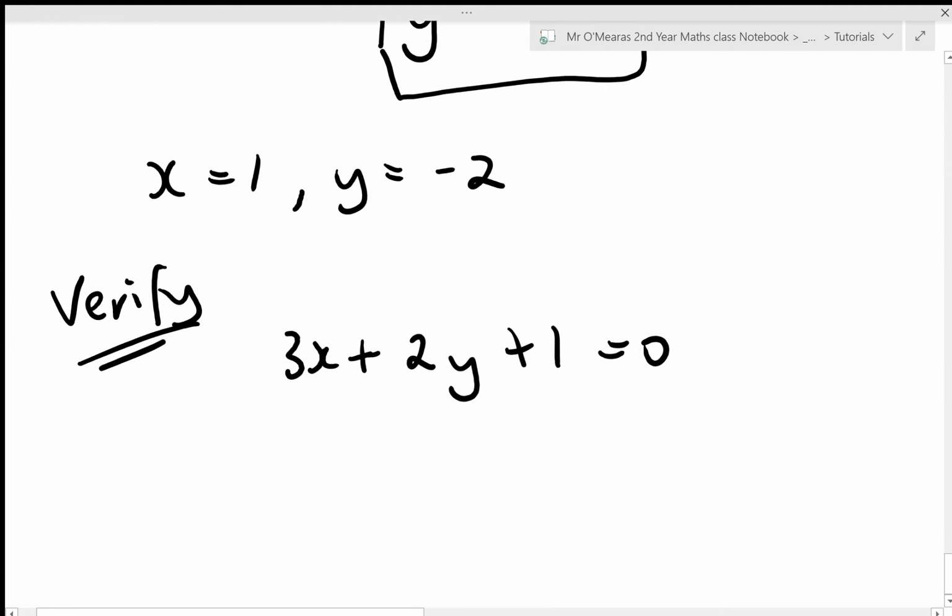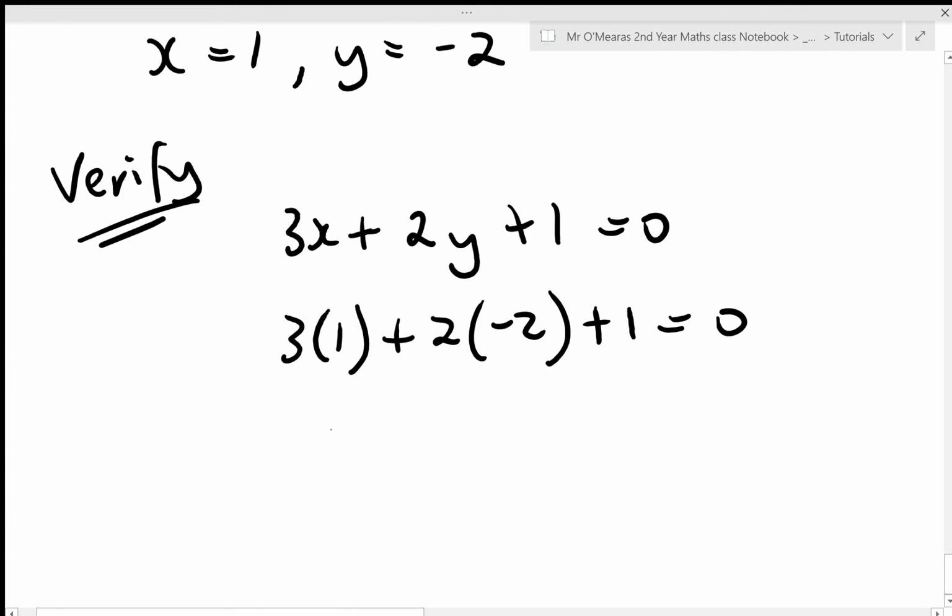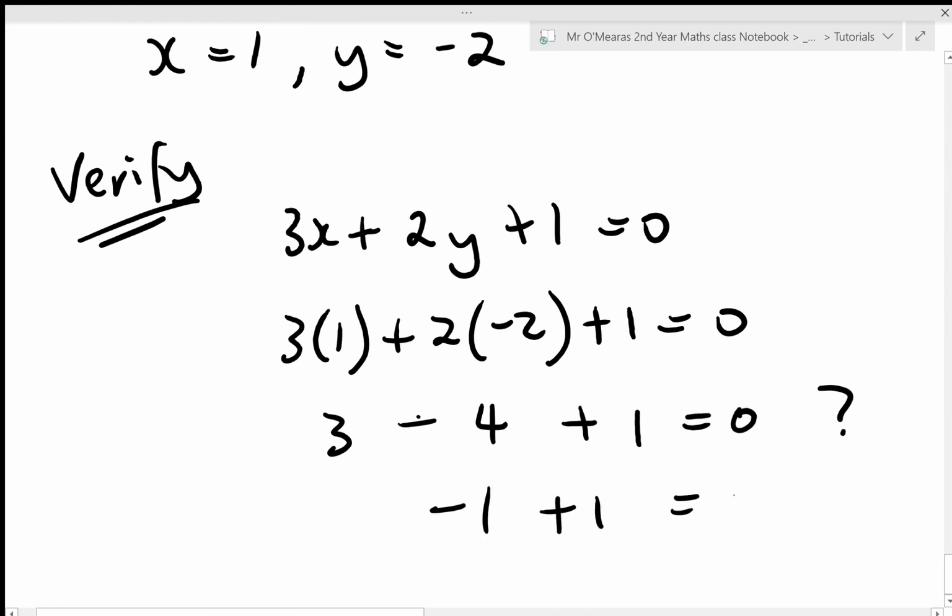If it works, these two values fit into both equations. So we're just going to sub them both in and see, do they fit in? Do they make this equation work? So we have 3 minus 4 plus 1. Does that equal 0? Minus 1 plus 1 equals 0. Yes, so it fits into the first one.